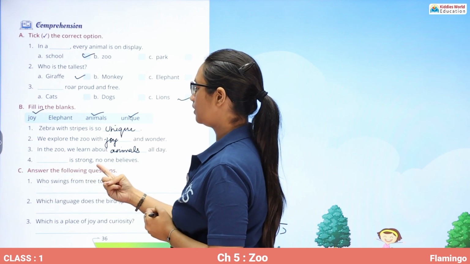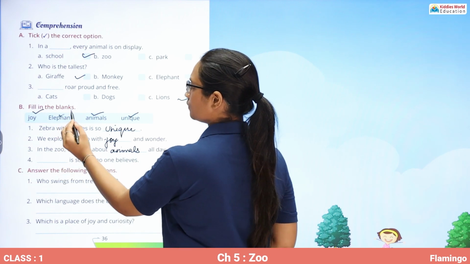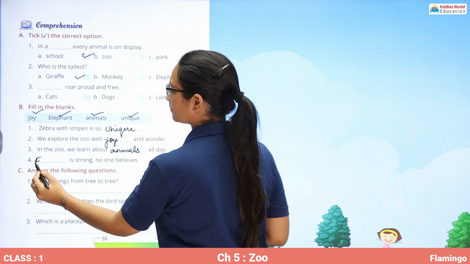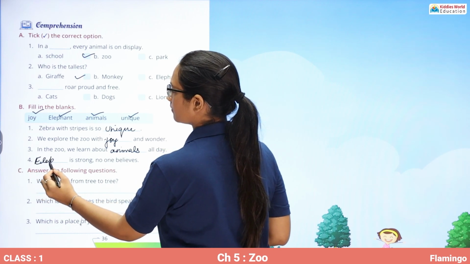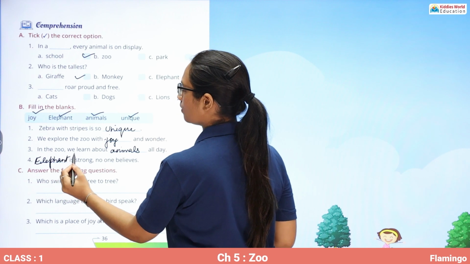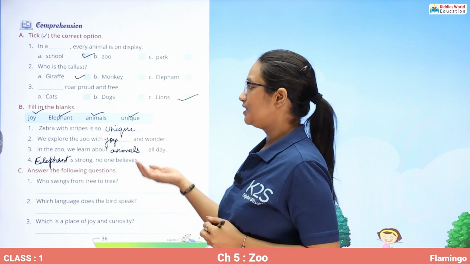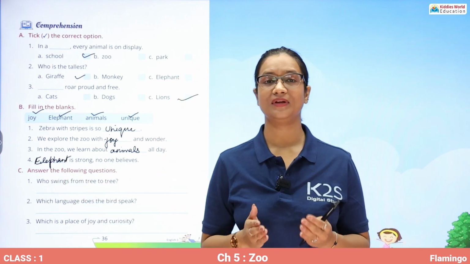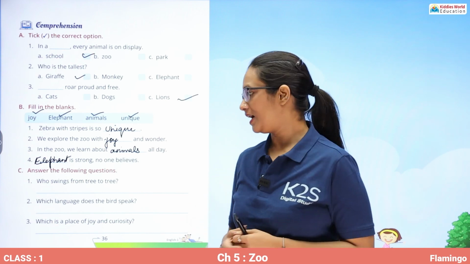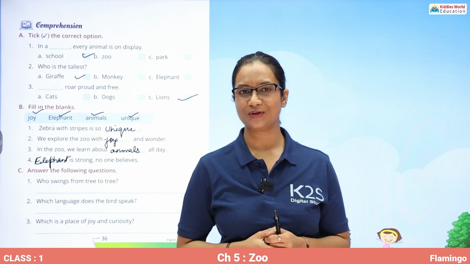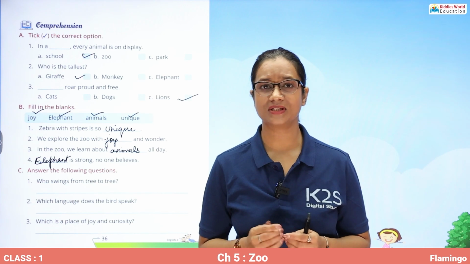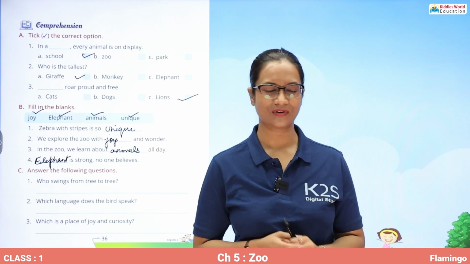Dash is strong, no one believes. So, we will write elephant. So, this is how we are going to fill in all of these blanks. And towards the end, you are going to attempt these descriptive questions by yourself in the book.